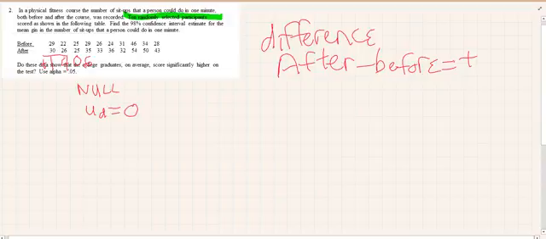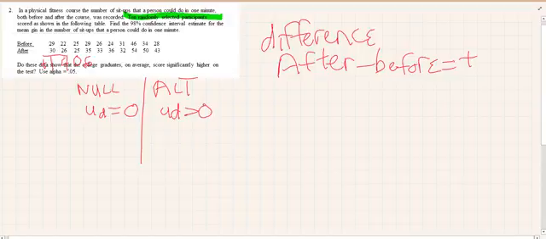If it was equal to 0, that means that overall nobody increased and nobody decreased, right? And we can clearly see that we pretty much across the board have significant increases. So our alternative statement is going to be that the mean of the differences μD is greater than 0.